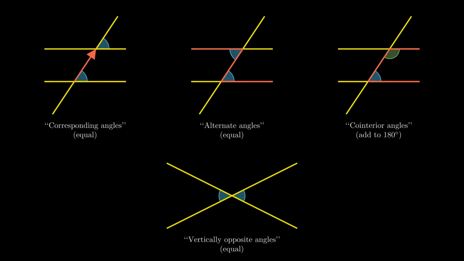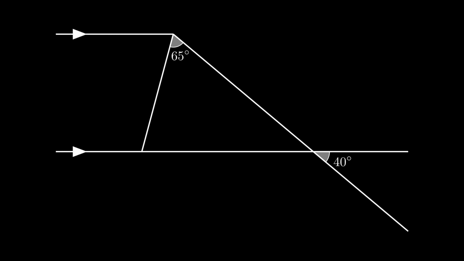Okay, so here's how we might use a couple of these patterns to work out some angles in a picture like this. We want to work out what the yellow angle up there is, given the 65 degrees and the 40 degrees that you see there. So the first thing we might do is shoot the 40 across the x there, so use those vertically opposite angles.